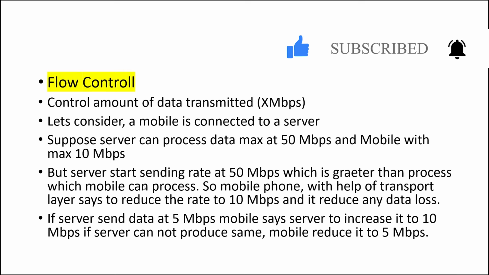But the flow control helps here. It decides which speed is used to download data. You have the lowest speed on your mobile side, 10 megabits per second, so finally the download speed goes to 10 megabits per second. It does not try with 50 megabits per second. So this is what we call flow control.